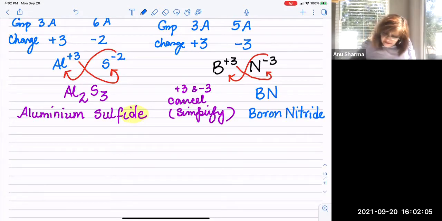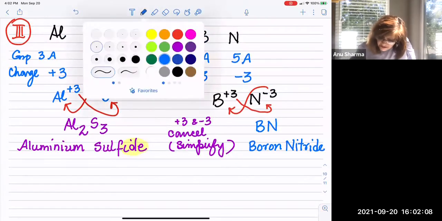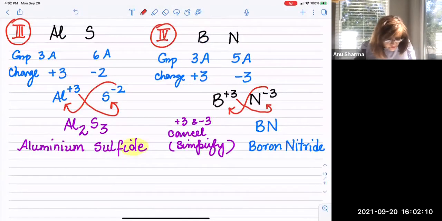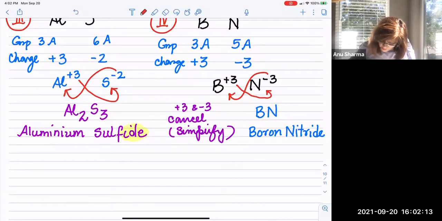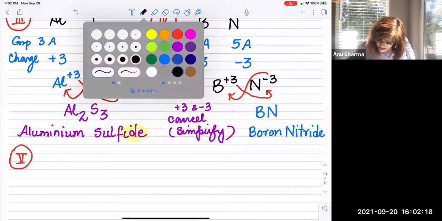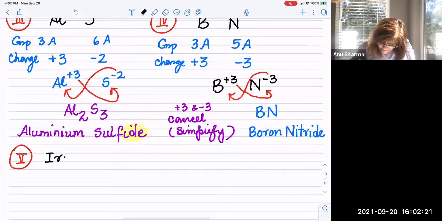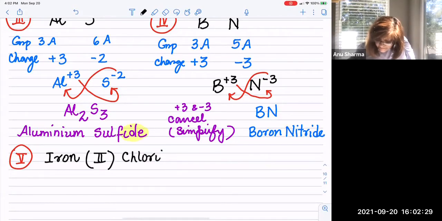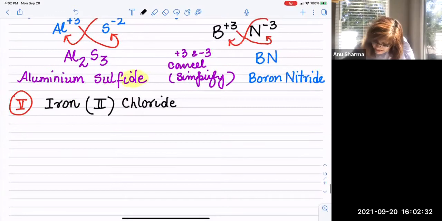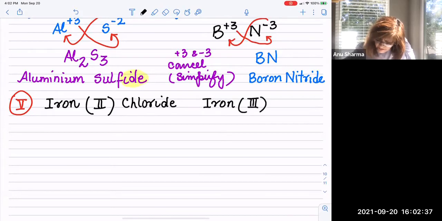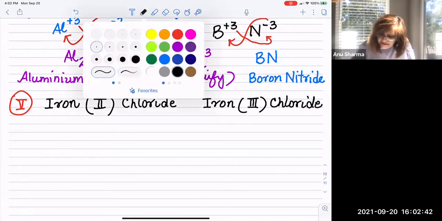Okay, let's look at an example with number 5, iron. Iron(II) chloride, and here you have iron(III) chloride.